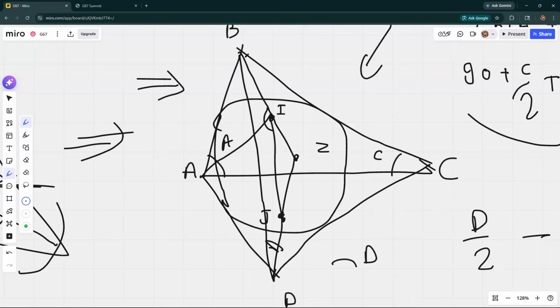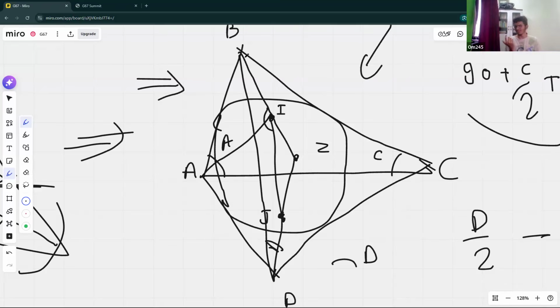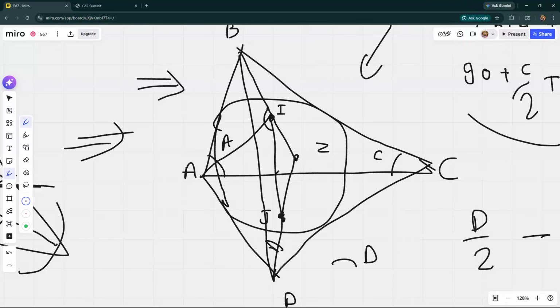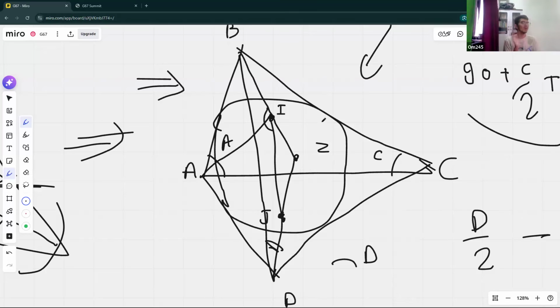Can't you use a homothety from B sending I to Z or something? They are not even collinear. But also BIZ is not collinear? BIJ, Z, yeah, true.